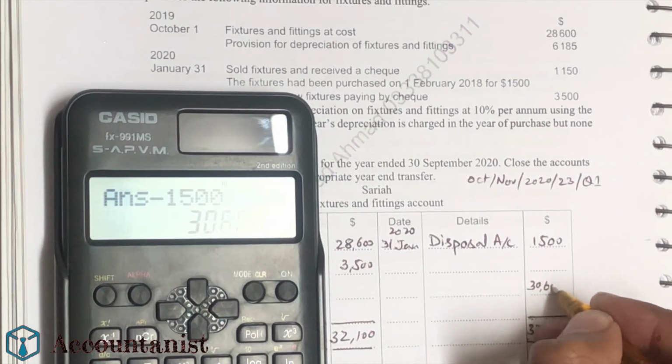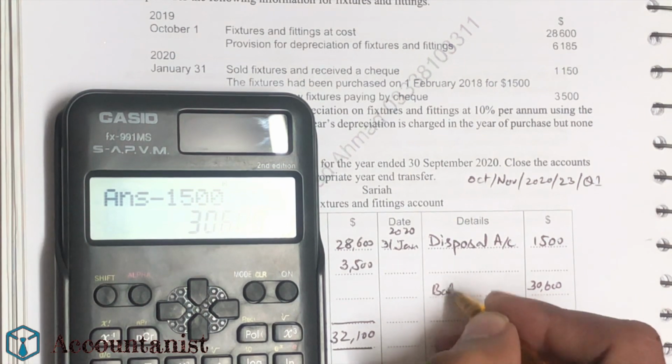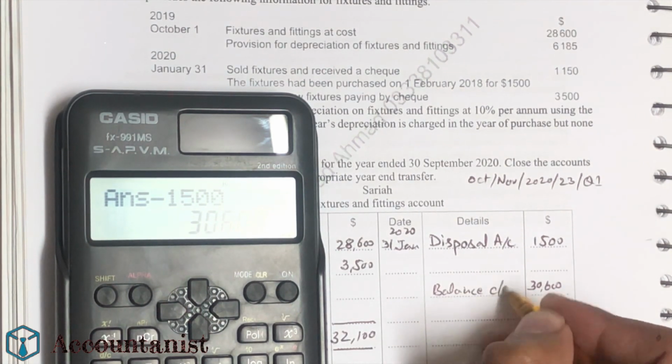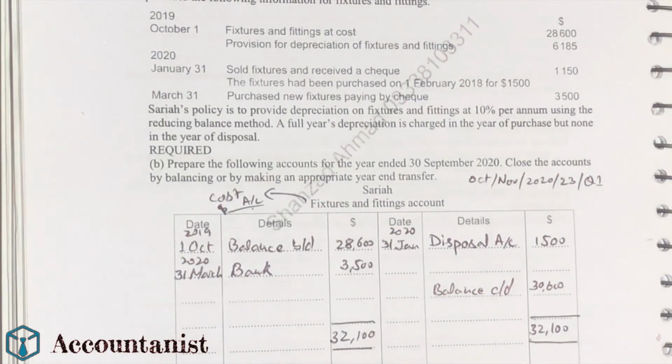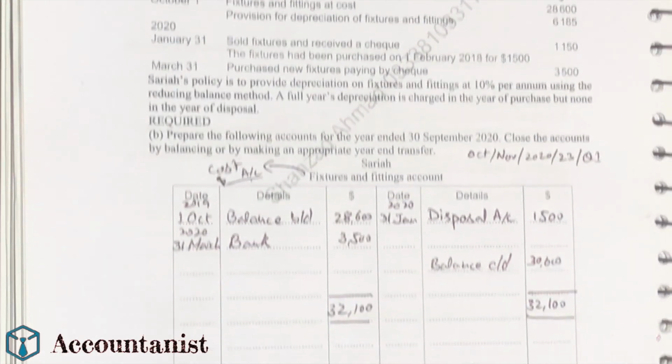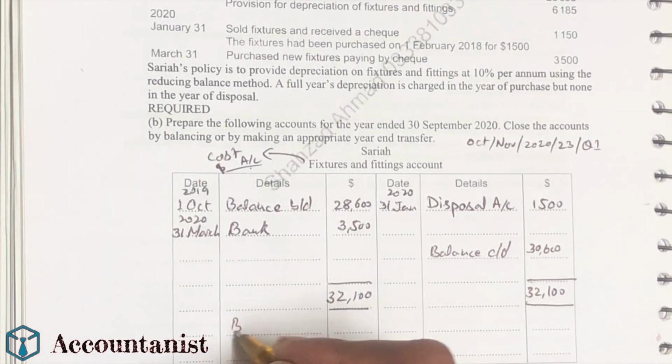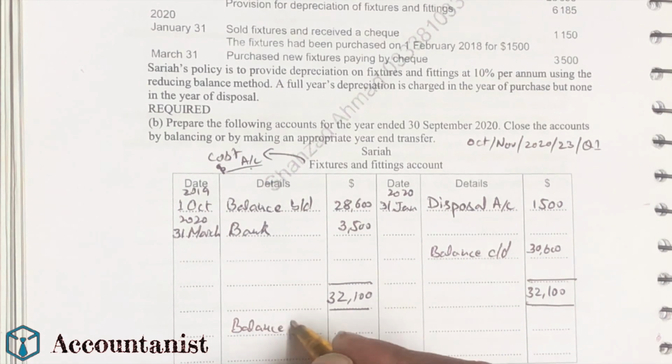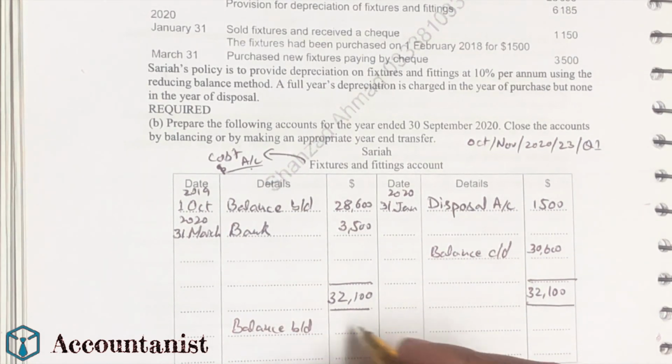The balance carried down figure is 30,600, so it will come up here as the balance brought down, 30,600.